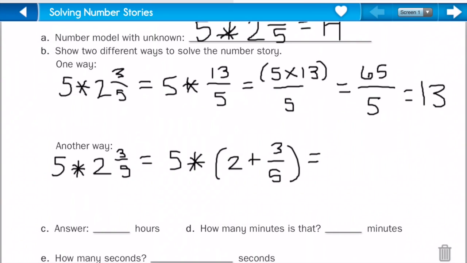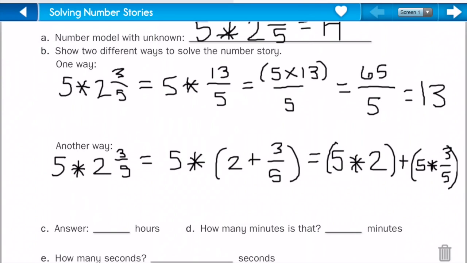And then that would equal 5 times 2, put that in parentheses, plus 5 times 3/5. Then 5 times 2 equals what? Yep, it equals 10.